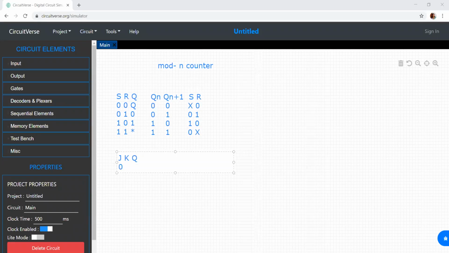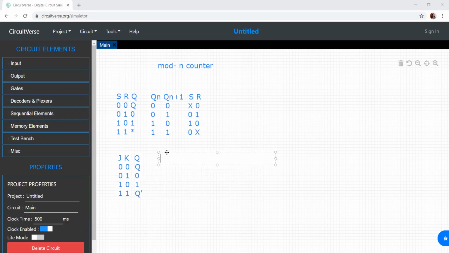J is 0, K is 0, Q will be equal to Q. J is 0, K is 1, Q is equal to 0. J is 1, K is 0, Q is equal to 1. J is 1, K is 1, Q will be equal to Q bar, the toggle state.